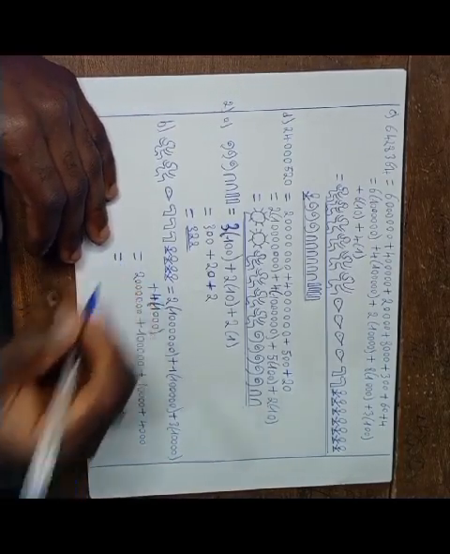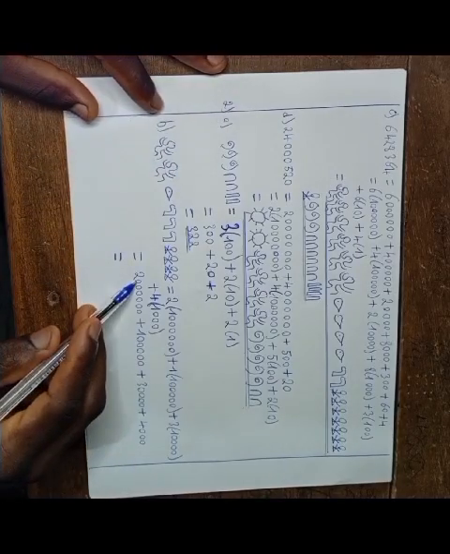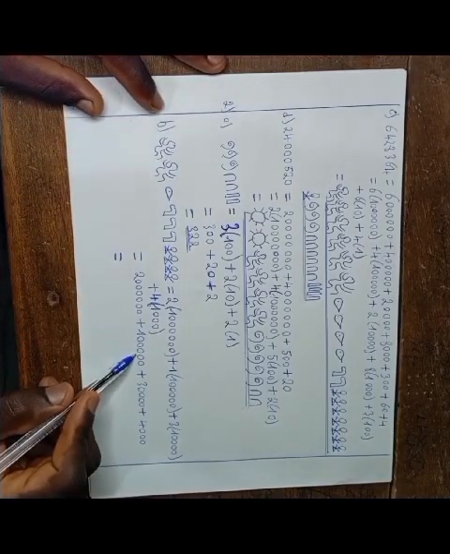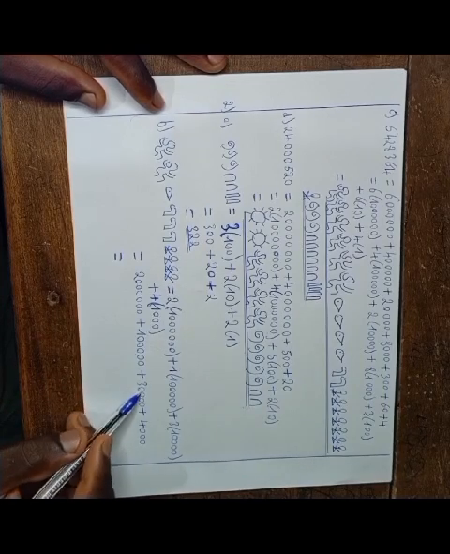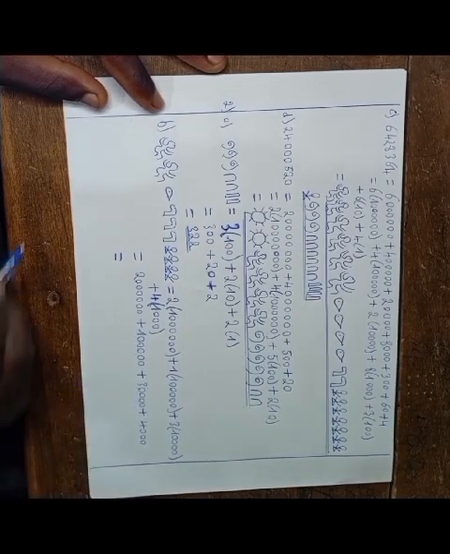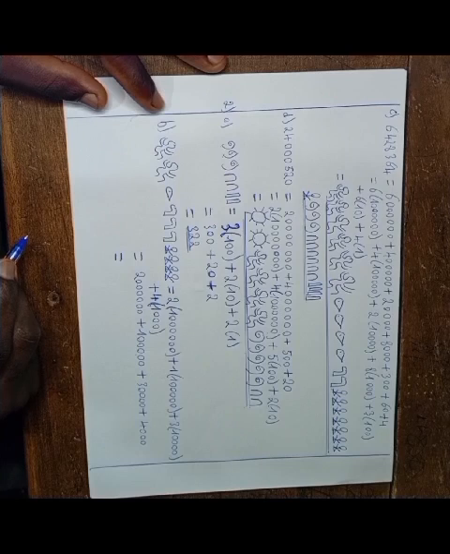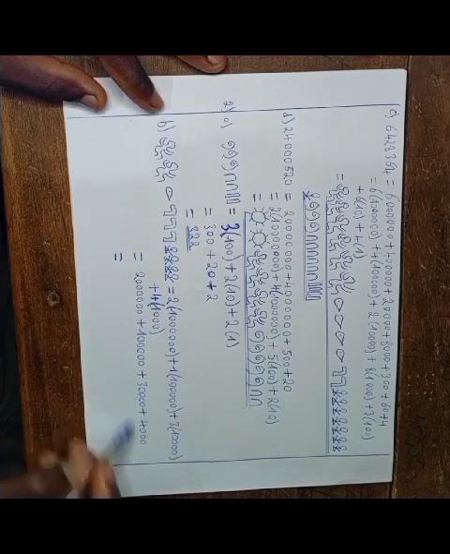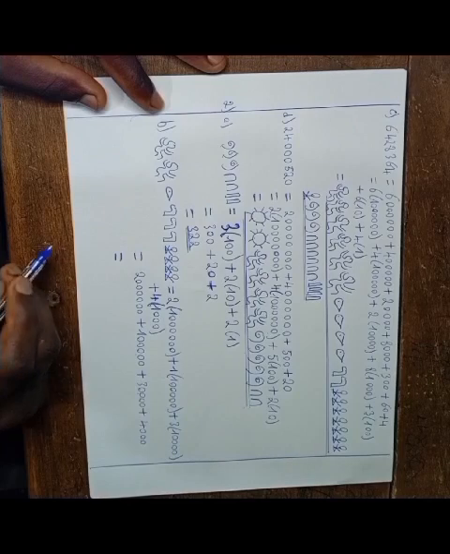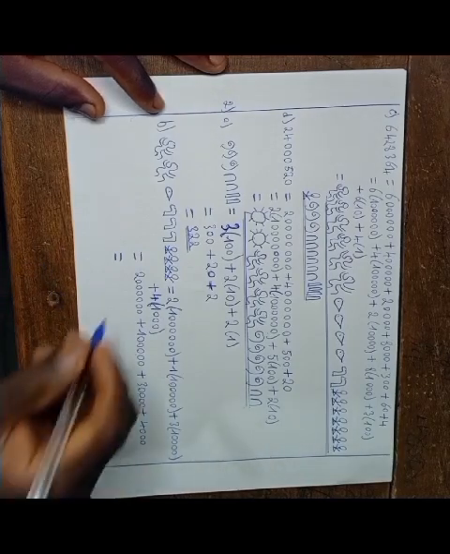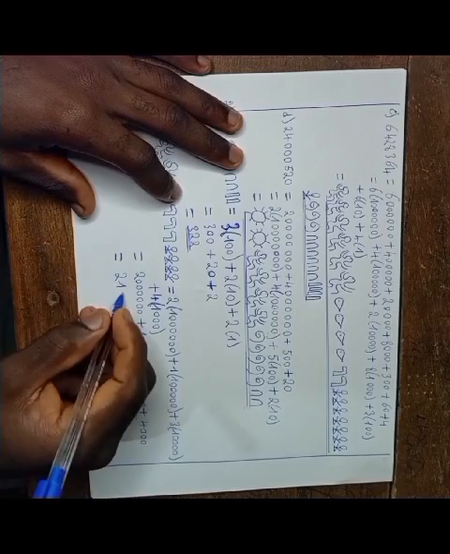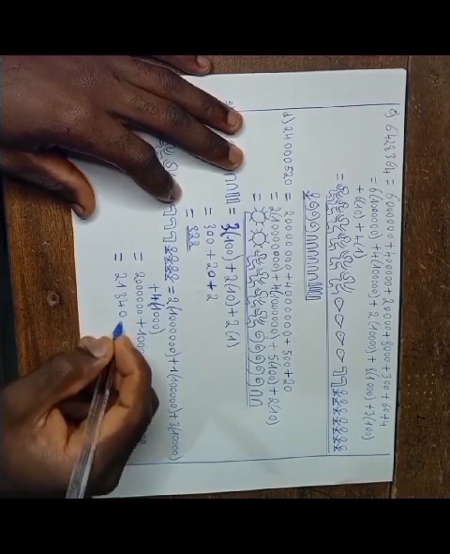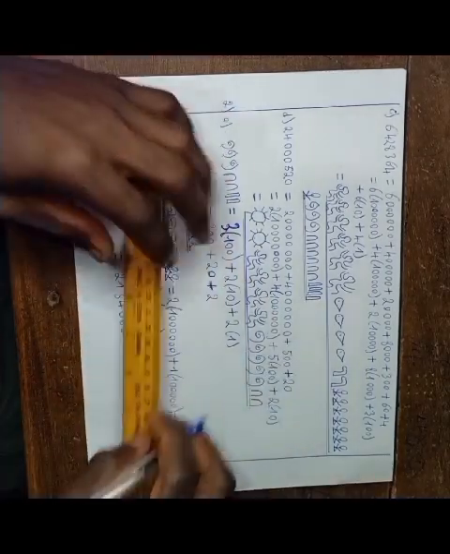So next we have to add 2 million plus 100,000 will give us 2,100,000. Plus 30,000 will give us 2,130,000. Plus 4,000 will give us 2,134,000. This is the answer.